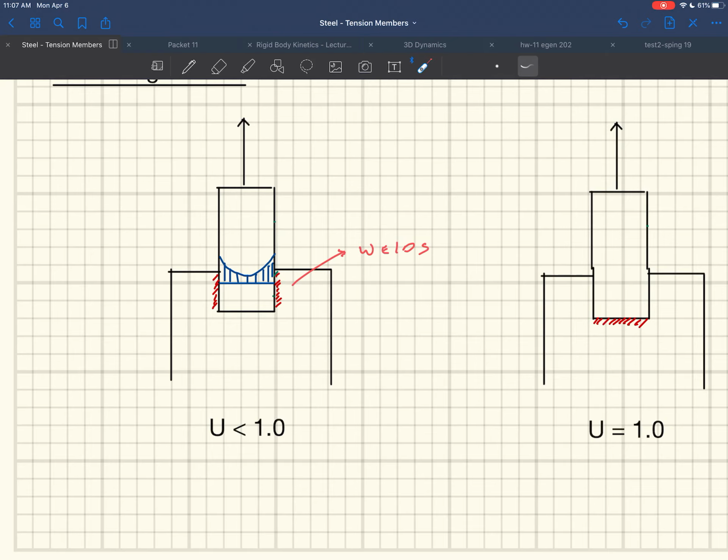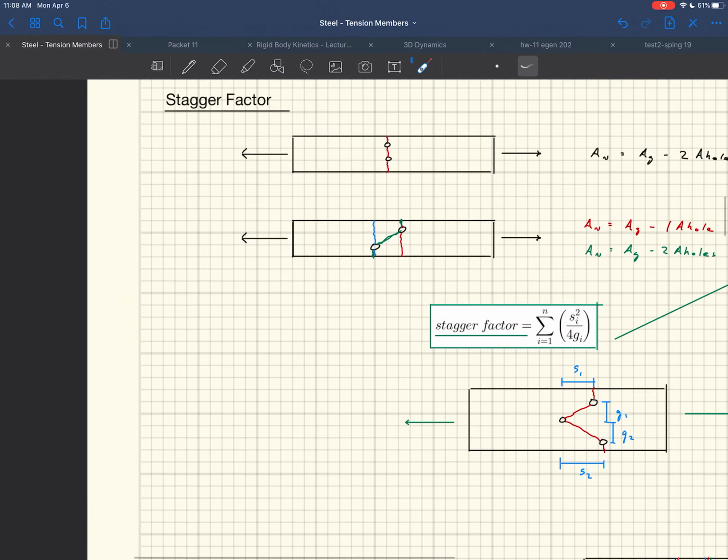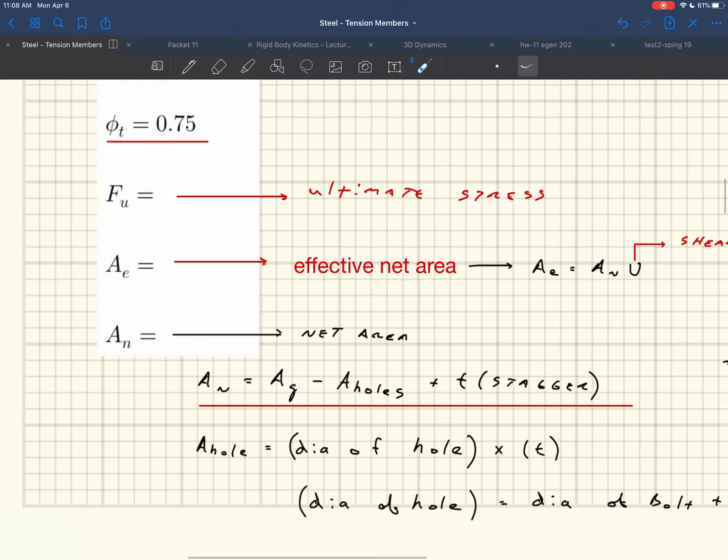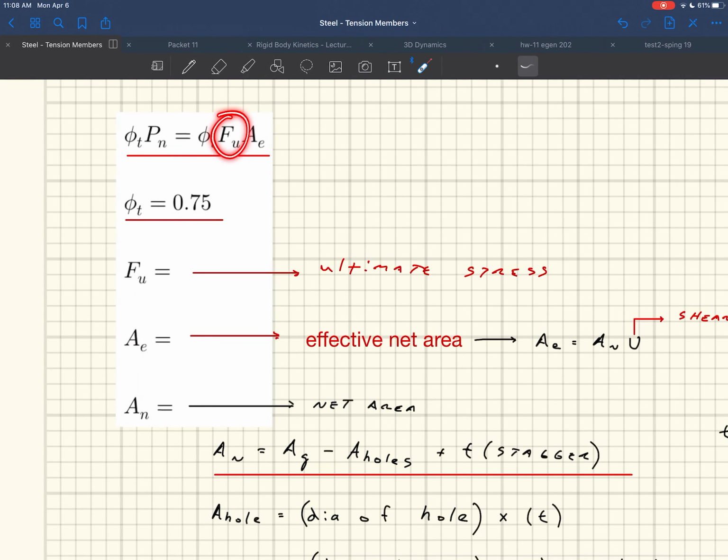And so you can imagine if you're pulling on this thing, the inside would deflect kind of like this. The outside would be attached to the wall and the inside would move up. And so it would look like this. And what that would amount to is stresses that look like that, okay? And in the equations up above, this assumes it's FU across the entire length.